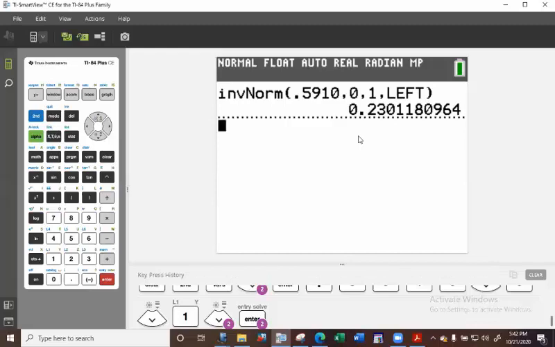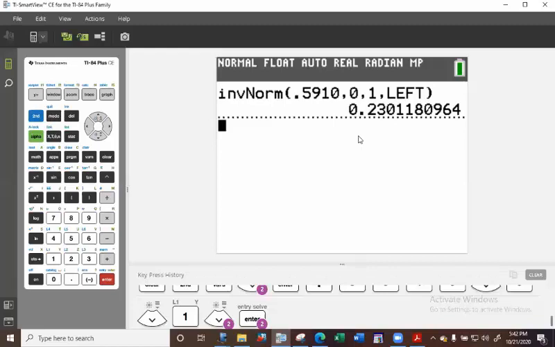Because the inverse norm function in the 83 is left. It only understands left. So this one you can actually get a little fancier with it, and I'll show you what I mean. But you're going to see when we're doing percentiles, it's only going to be left anyway. So it's very unlikely you need to even worry about it. Just leave it sitting there at left if you're using this calculator.